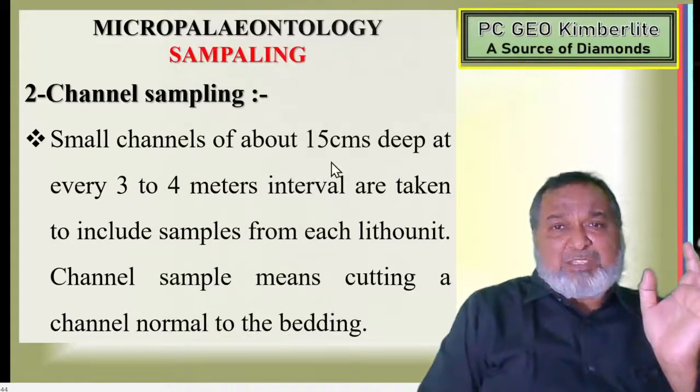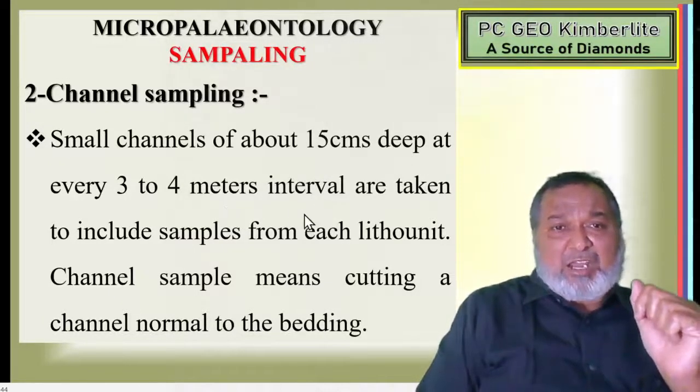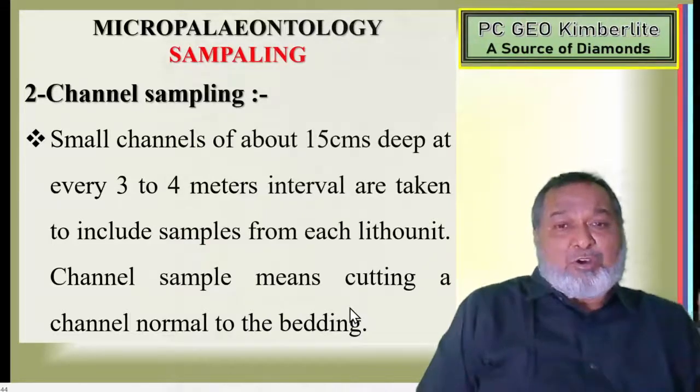Small channels of 50 centimeters deep at 3 to 4 meter intervals are taken and include a sample from each litho unit. Channel sampling means cutting a channel normal to the bedding.